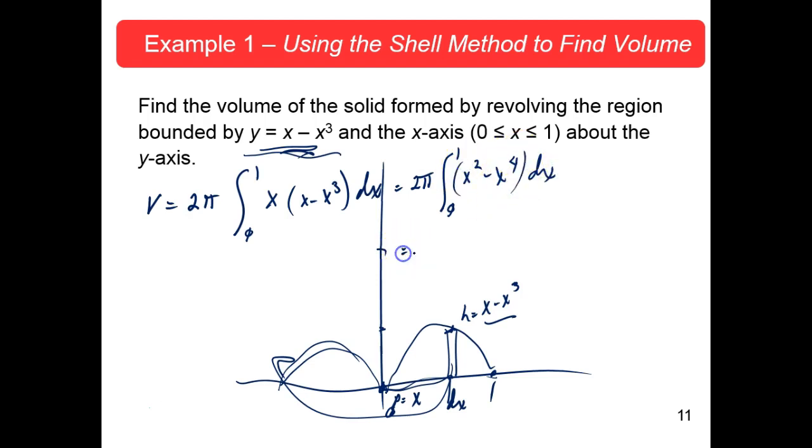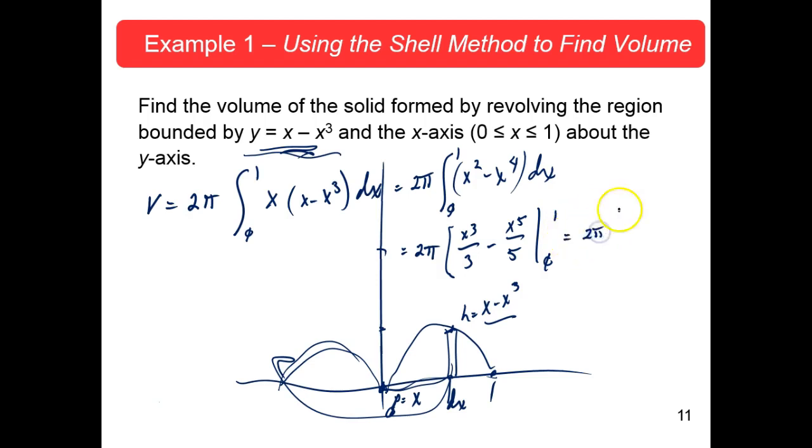But now I think we can integrate. Don't forget your 2 pi is out there. What will this be? x cubed over 3 minus x to the 5th over 5, evaluated from 0 to 1. Oh boy, I even like those limits.